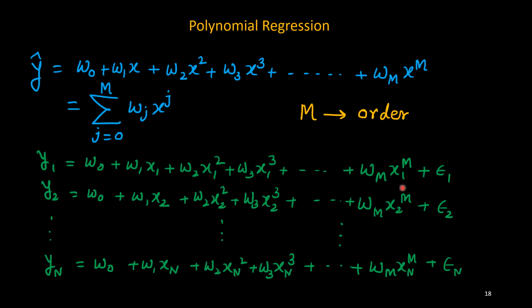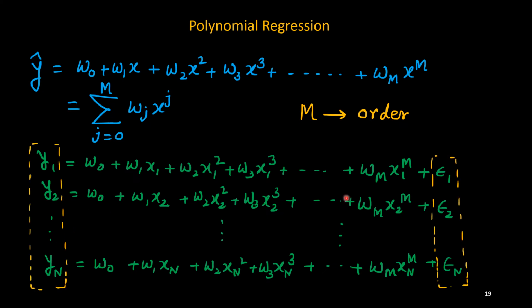Okay. Now we'll try to rewrite this in matrix form. So this y1, y2 up to yn, we can collect in a vector form. Similarly, epsilon 1, epsilon 2, epsilon n in a column form. So this will give you one column vector, this another column vector, and this part we can rewrite.